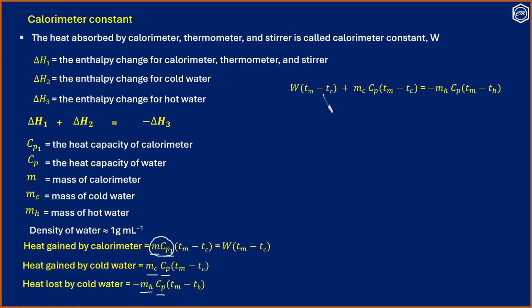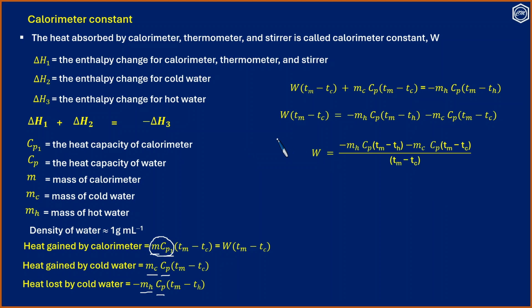Now, the heat gained by calorimeter and heat gained by cold water is equal to heat lost by the hot water, or W into Tm minus Tc is equal to, we isolate this quantity, that is minus mass of hot water into Cp, temperature difference, minus mass of cold water into temperature difference.